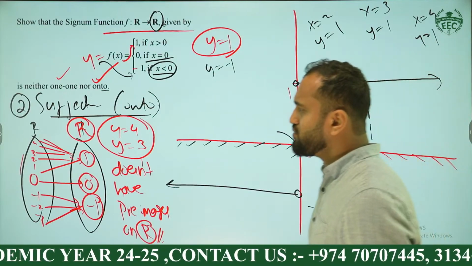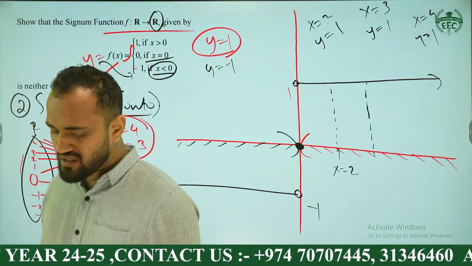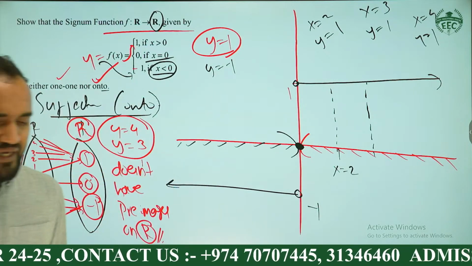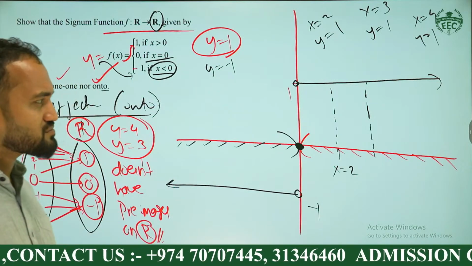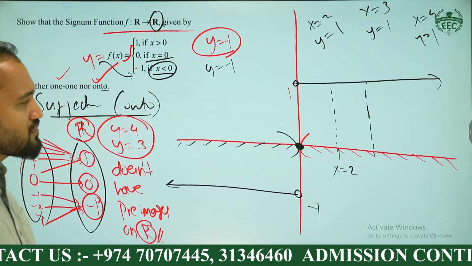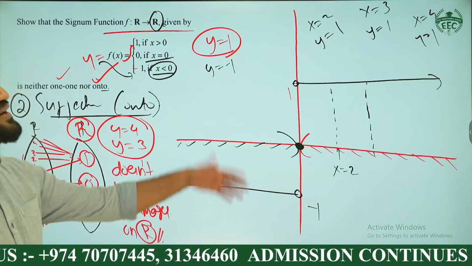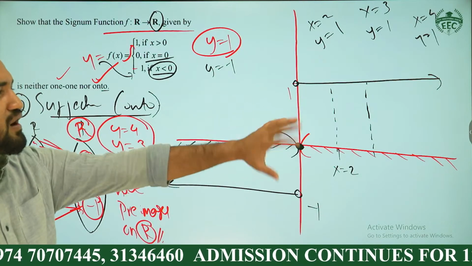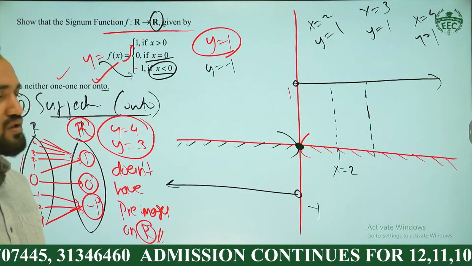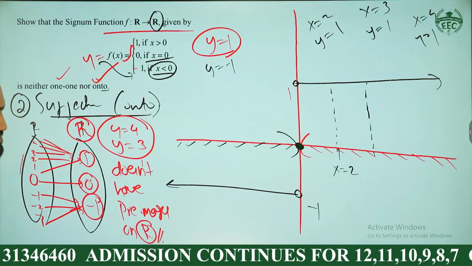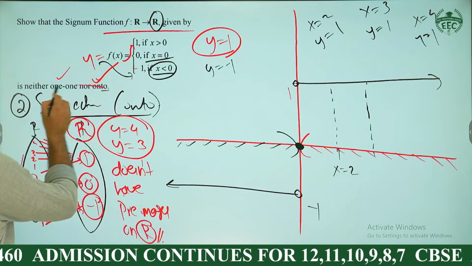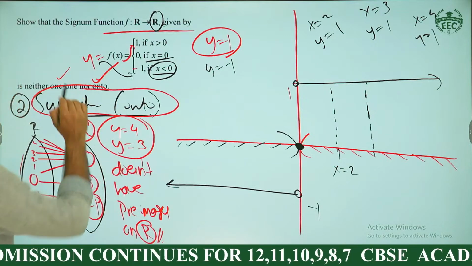People, other than this algebraic definition, can I tell you the graphical meaning of this thing? If you get the graph, you can easily interpret how these things work. Remember, for proving surjectivity, you have to remember this simple rule.